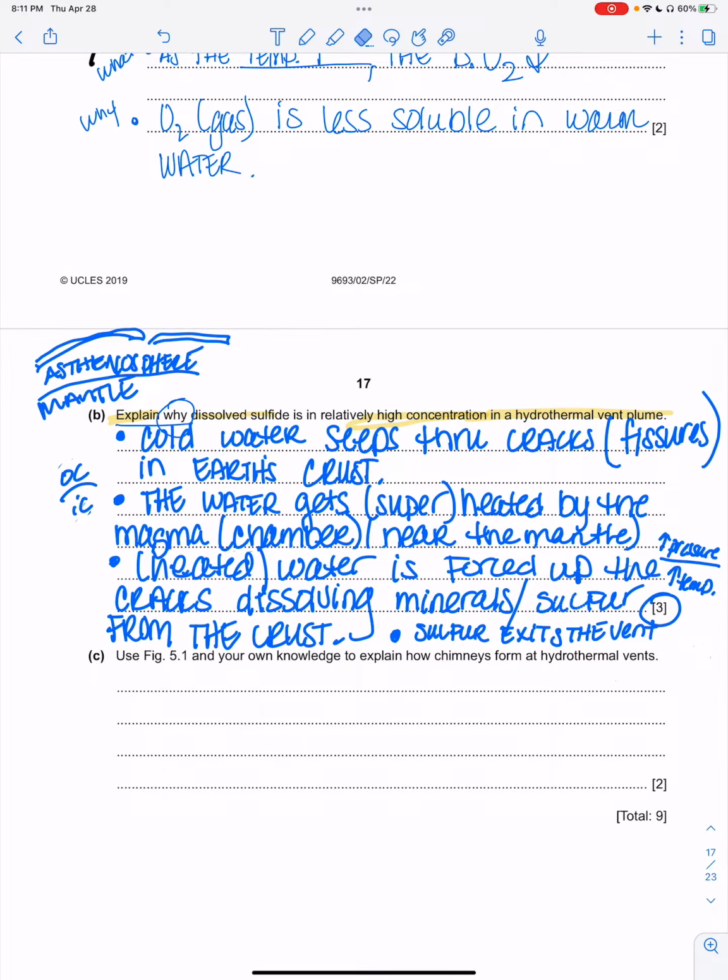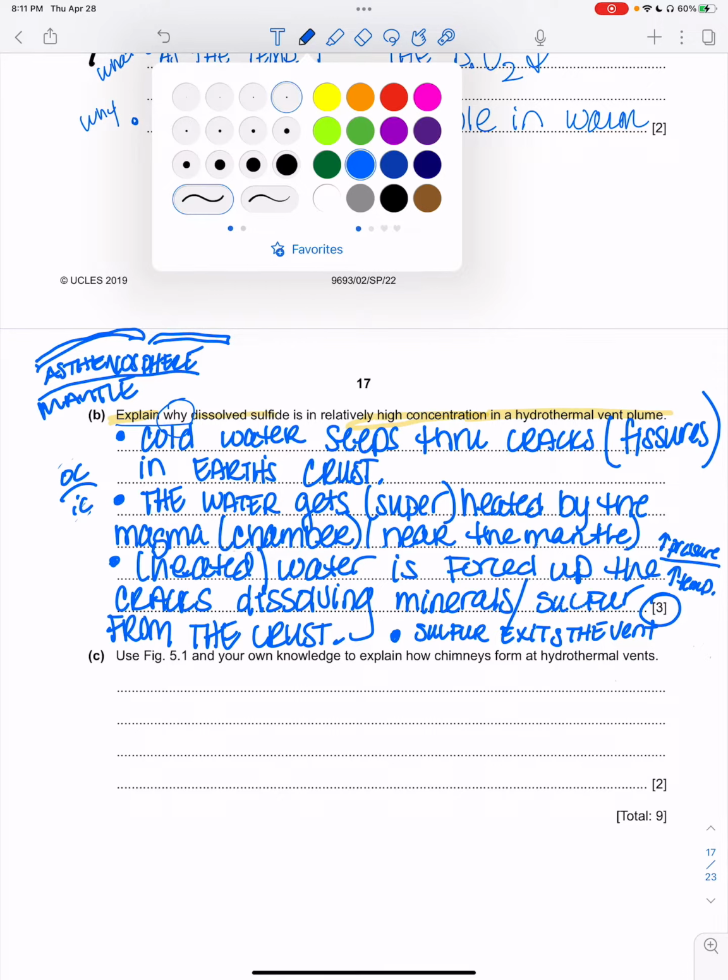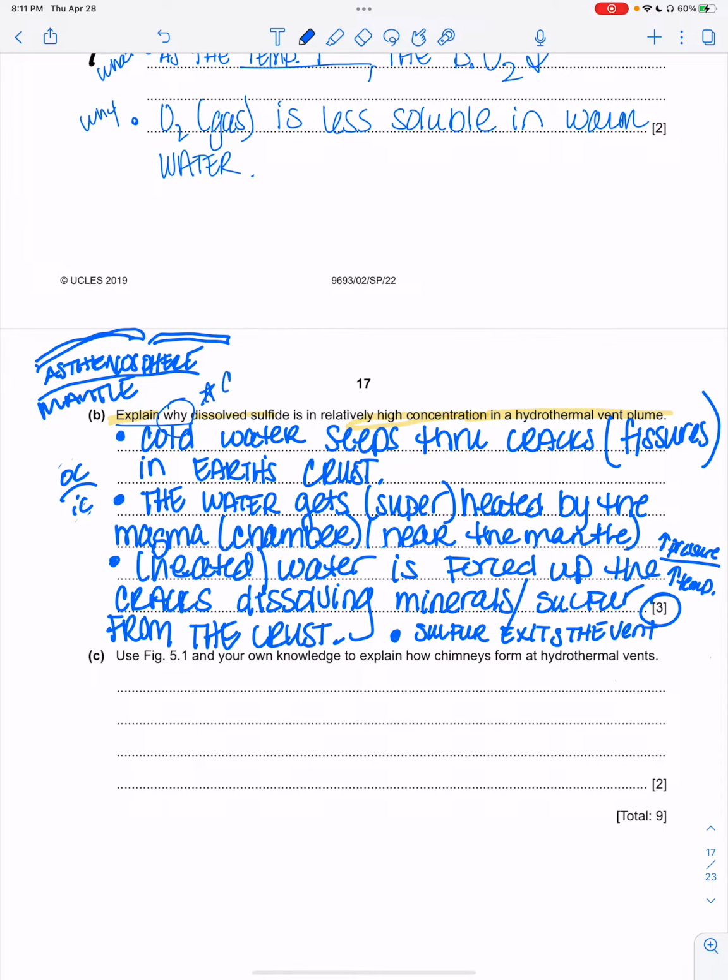So it's going to be the cold water moves into the crust, gets hot, dissolves sediment, forced up.